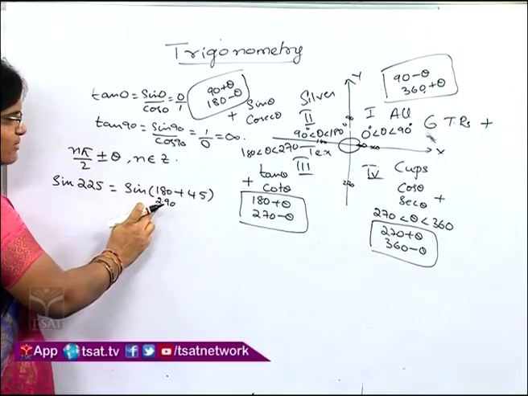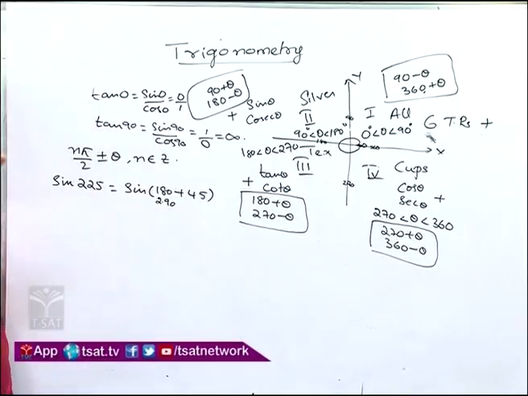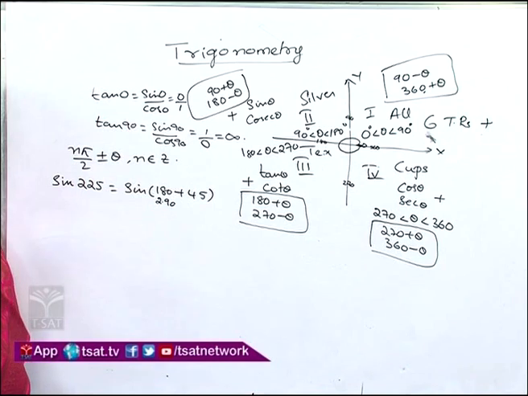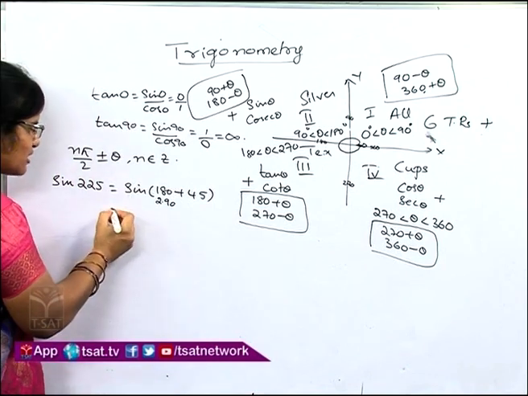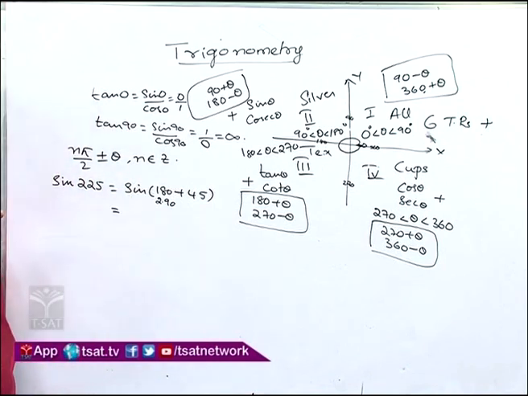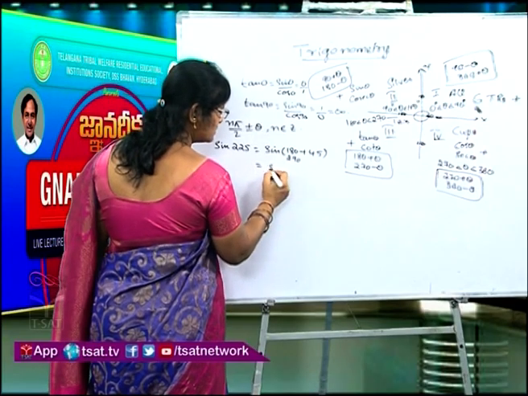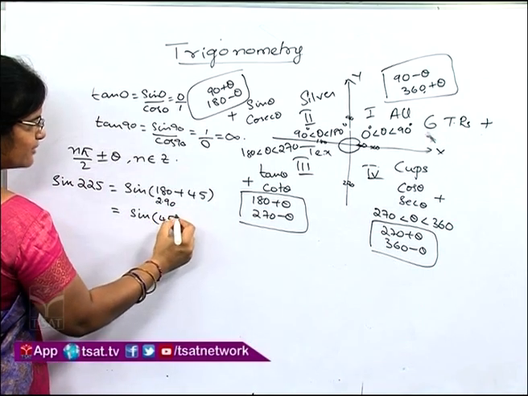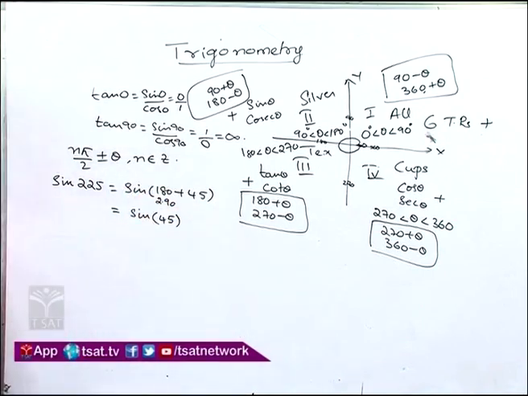Now tell me whether 2 is an even number or an odd number. We know that 2 is an even number. So whenever even multiples of 90 come, the trigonometric ratio does not change, children. It will remain the same trigonometric ratio. So write sine as sine. Now write the remaining angle 45. So sine 45.